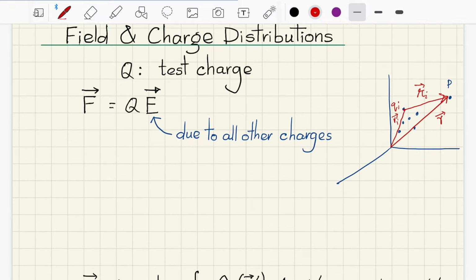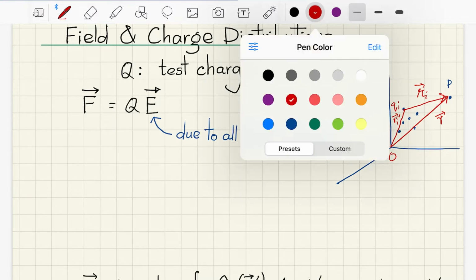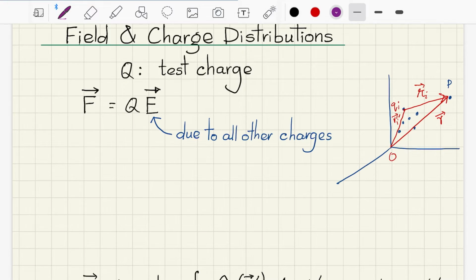Remember, we use the prime coordinates for the sources from the origin. If this is the origin, then the prime coordinates is the source, and this is the field point. In fact, it is so important that let me even write it down. So this is the source point, and this is the field point.